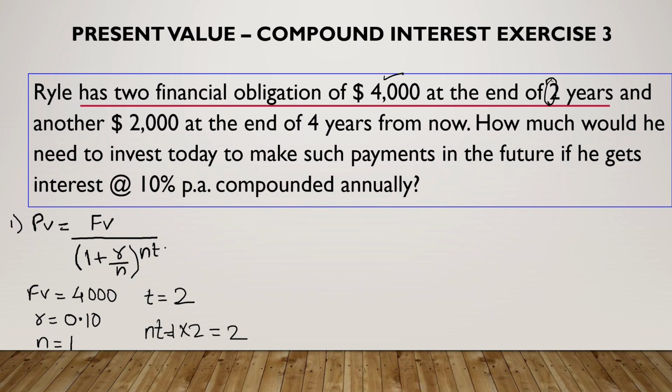Now the same we will use in the formula. My present value is equal to 4,000 divided by how much? Bracket 1 plus rate of interest is 0.1, that is 10%, divided by 1 bracket close power of 2.